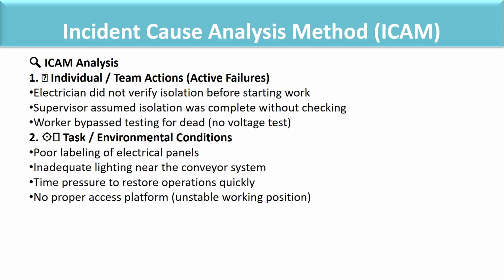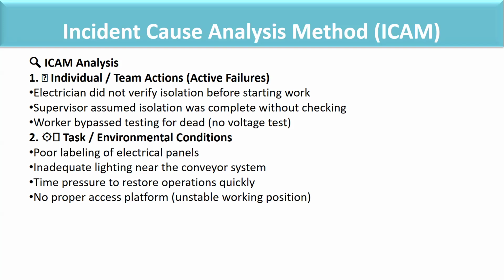Now see, if the electrician forgot and the supervisor felt it was his or her duty to cross-check, then it would be corrected. Then again, we go ahead: worker bypassed testing for dead, no voltage test. They didn't confirm the voltage test.